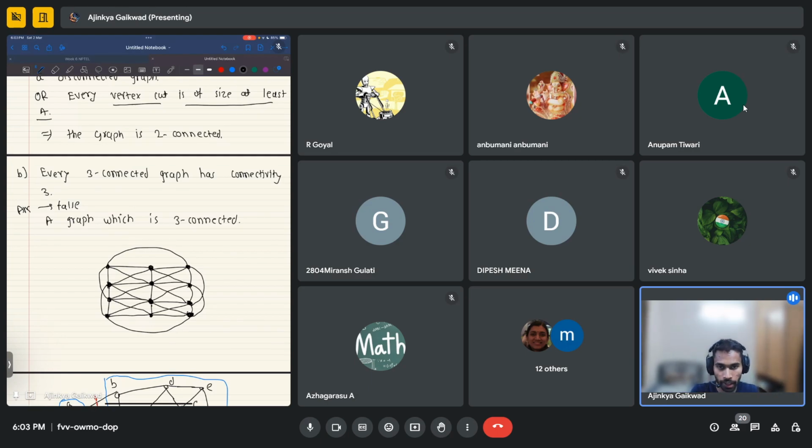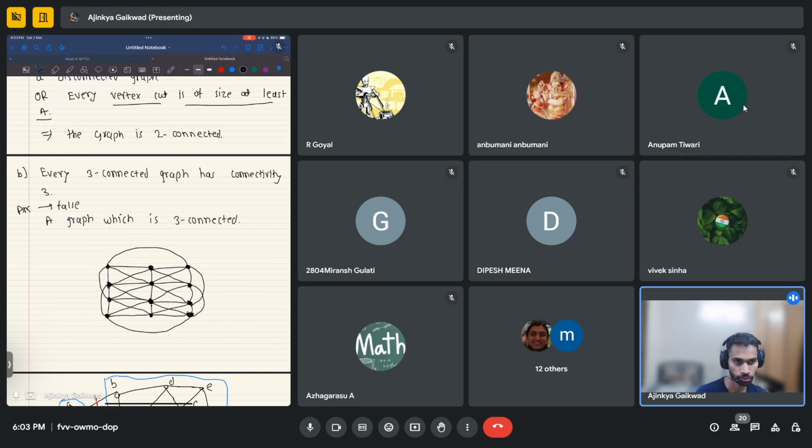Is this graph 3 connected? Let's get to that part first. Yes, because no matter which two vertices you remove, the graph will always remain connected. Now, what is the connectivity of this graph?